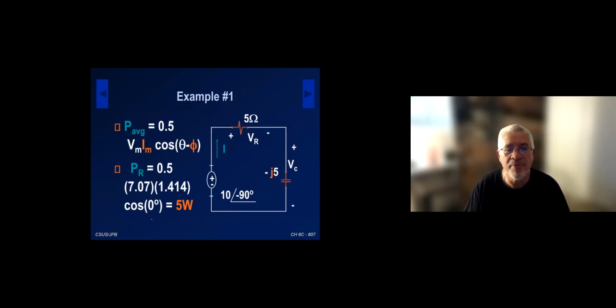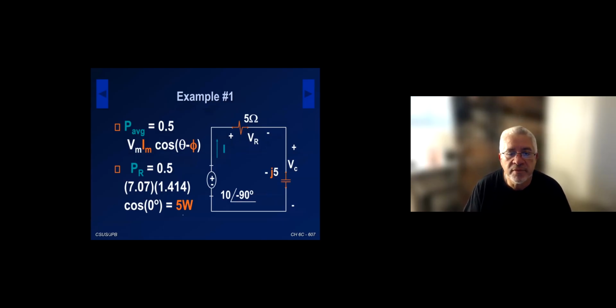All right. So again, the average power is 1/2 the magnitude of the voltage times the magnitude of the current, cosine of the angle of the voltage, I'm using the color to remind you of that, minus the angle of the current. Okay. So for the resistor, I just plug this in. I calculate the resistor voltage, the resistor current, and I find 5 watts.